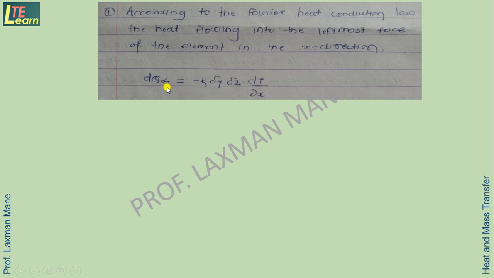So here dqx is equal to minus k into the perpendicular area to the x direction, that is dy into dz, into the temperature gradient in the x direction, dT by dx.